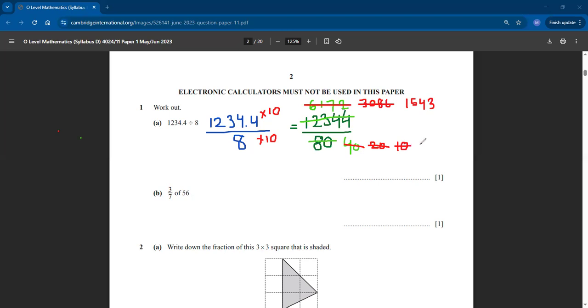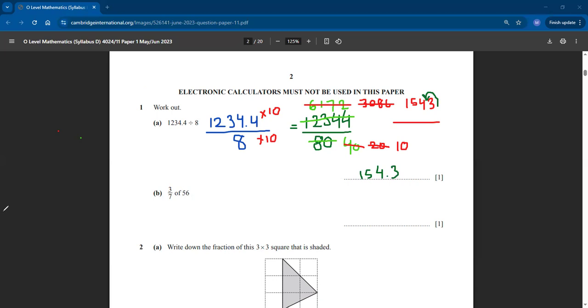So 10 divided by 2 is 5, and 1,543 is not divisible by 2. So now you're stuck, and you've got 1,543 divided by 10. Now, how do you work this out? You should know that if anything is divided by 10, the decimal has to go one place towards the left, and so the answer for this one is going to be 154.3.